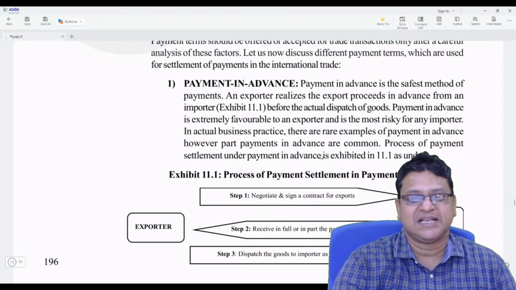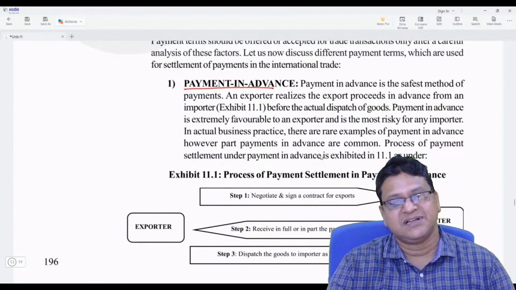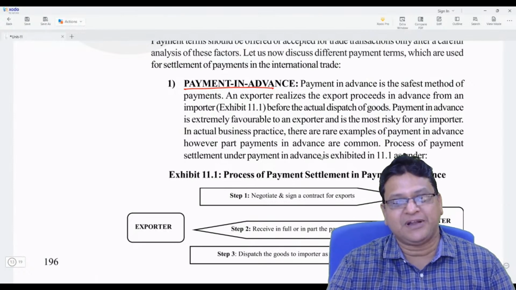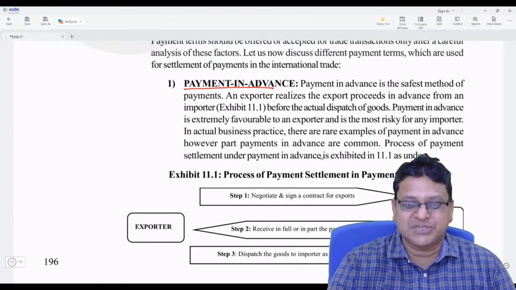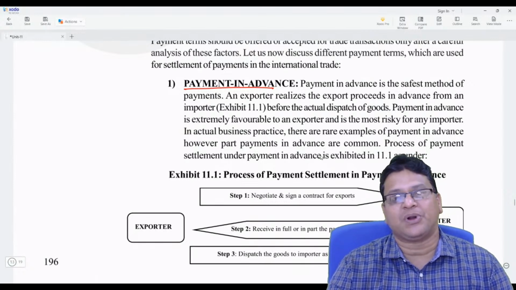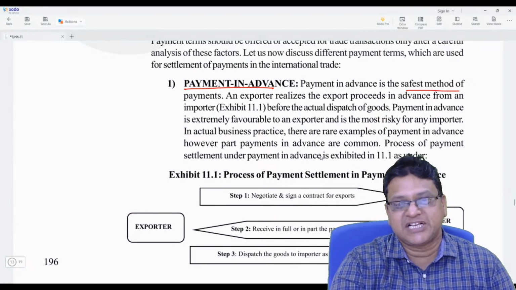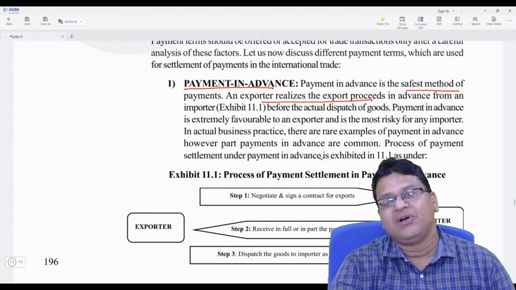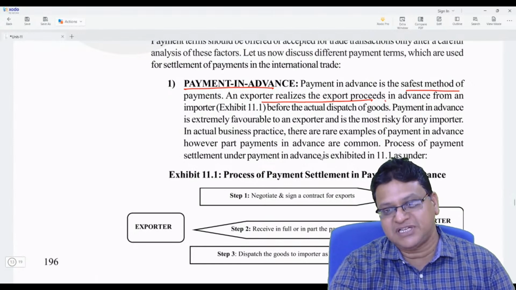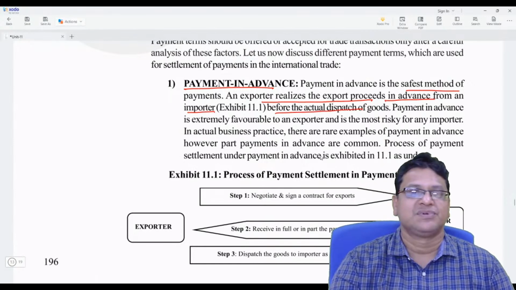One is known as payment in advance. What is payment in advance? It is a form of payment where the exporter claims advance from the importer. It is the safest mode of payment for the exporter, who realizes the payment before delivery of the goods.